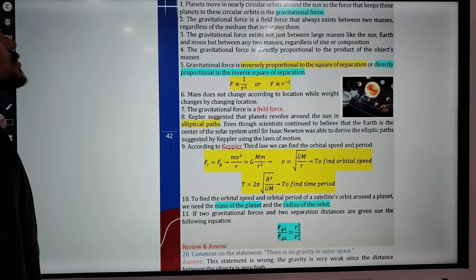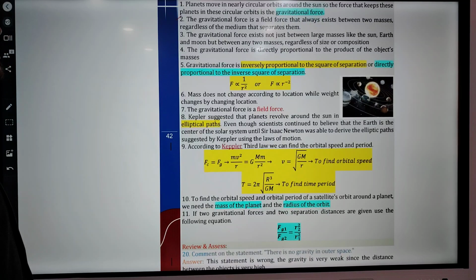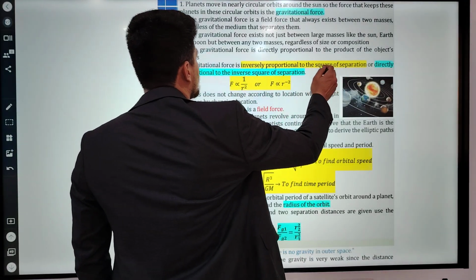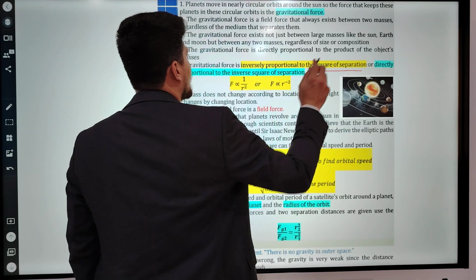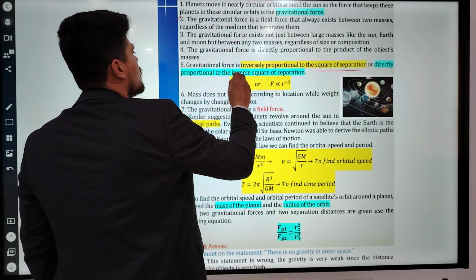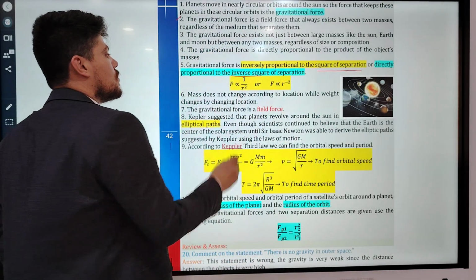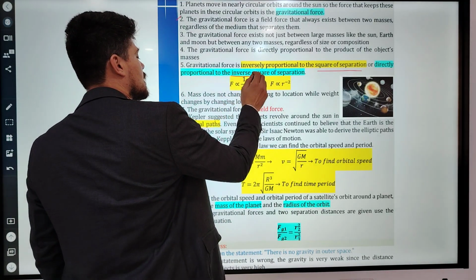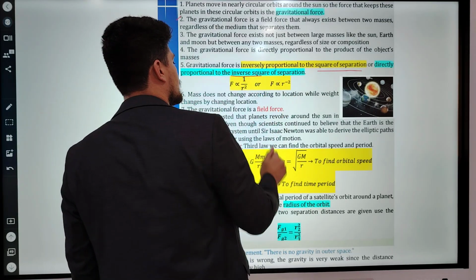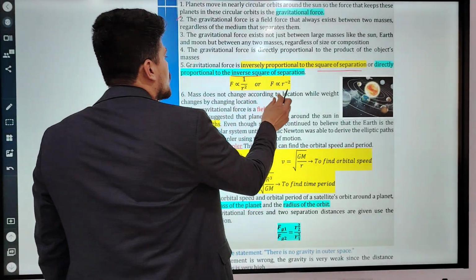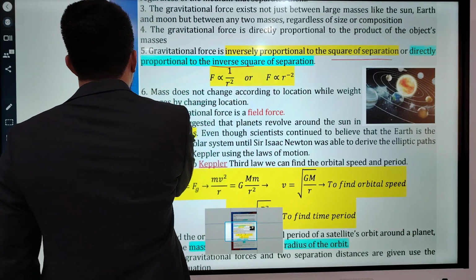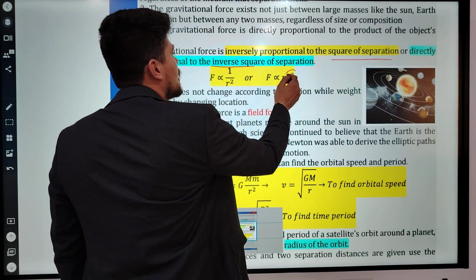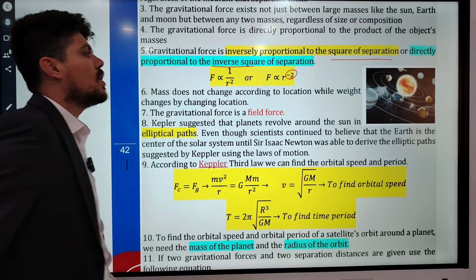Number 4, the gravitational force is directly proportional to the product of the objects' masses, and inversely proportional to the square of the separation. Or you can say directly proportional to the inverse square of separation. Why? Because if F is inversely proportional to r squared, you can take r squared to the denominator, and it becomes an inverse.